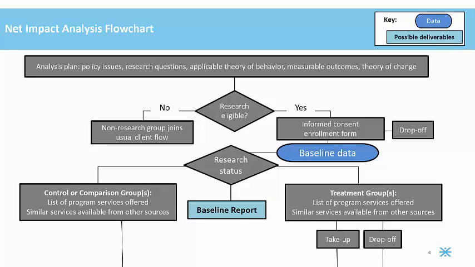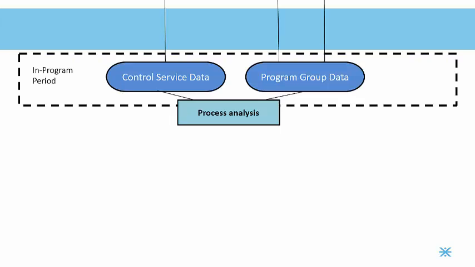Let's go on to the in-program period section of the diagram. There will be a period of time during which the control group might do better than your program group. Think of a job training program that keeps people in training in classrooms for 6 months.